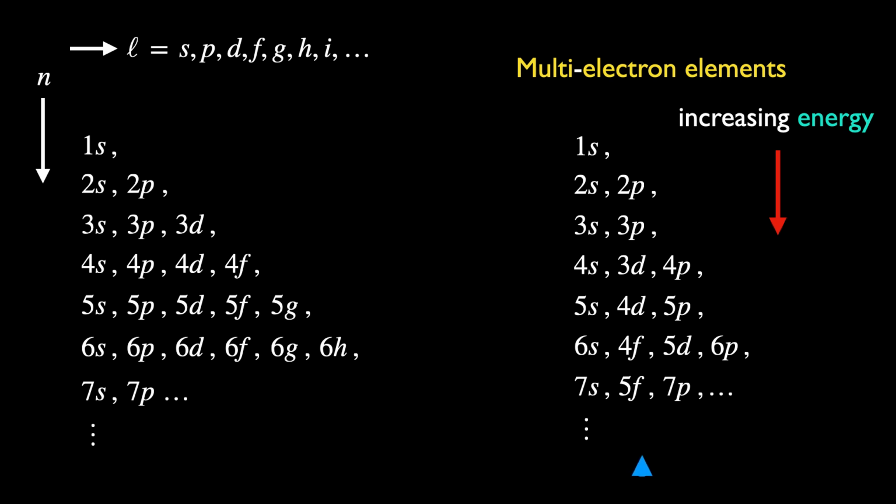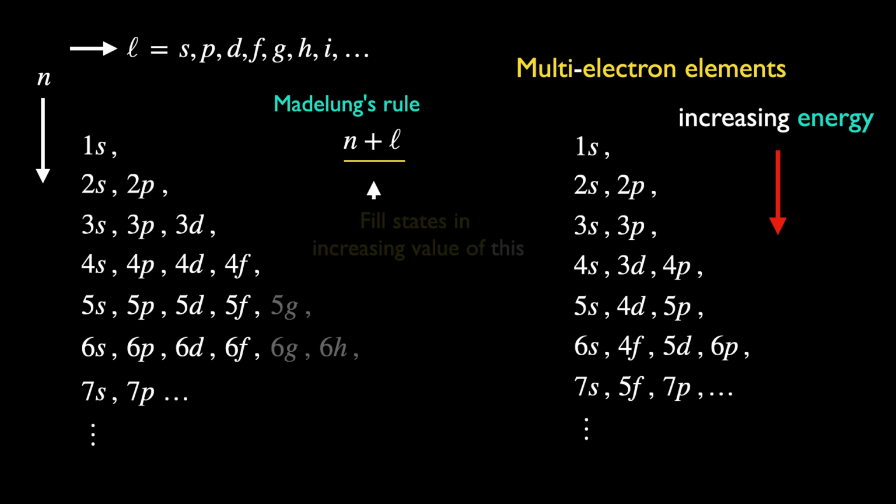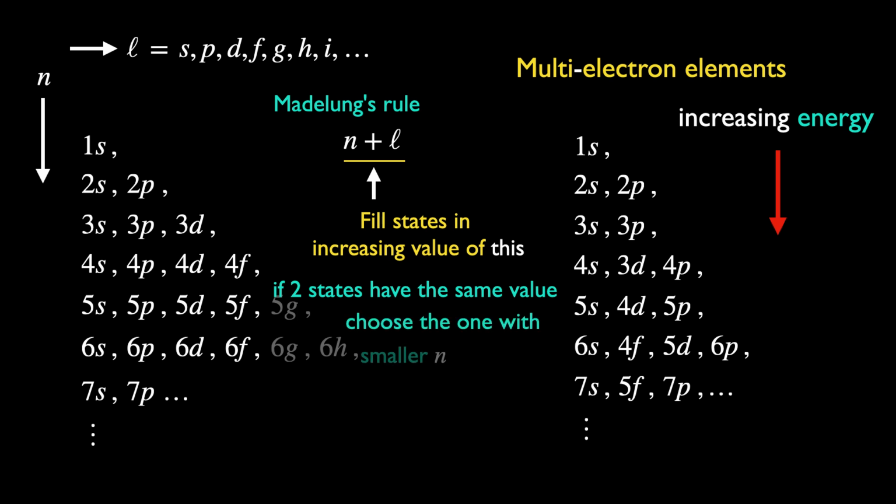The scheme on the right is obtained from the naive model on the left by using an empirical rule known as Madelung's rule, where we fill the states in increasing values of the number n plus L. And when two states have the same value, we choose the one with lower n, like so.